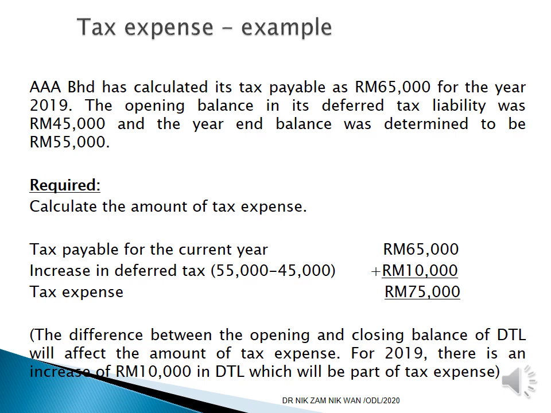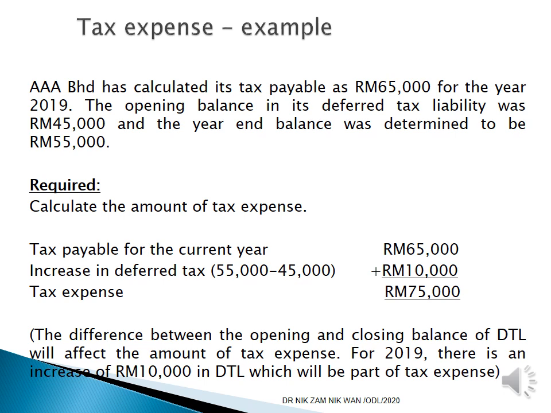Okay, provided in this example, we have A.A. Berhad, which has calculated its tax payable as 65,000 for the year 2019. The opening balance in its deferred tax liability was 45,000 and the year-end balance was determined to be 55,000. So calculate the amount of tax expenses.